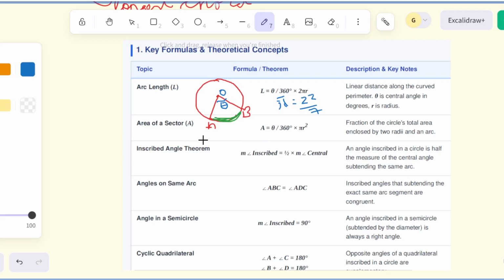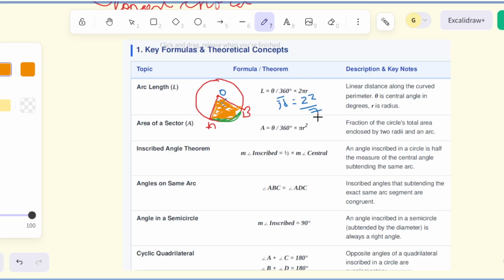And if you want to find the area of this sector, the sector is nothing but the region enclosed between two radii. If you want to calculate this part, then the formula is theta upon 360 pi r square.